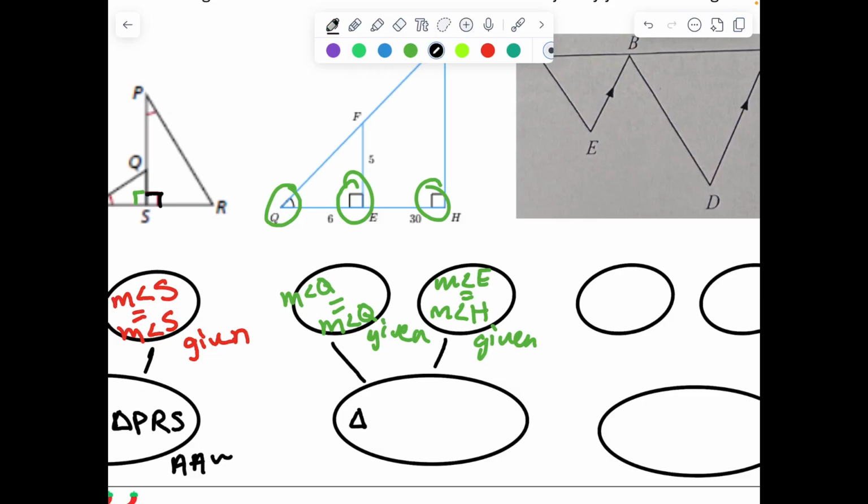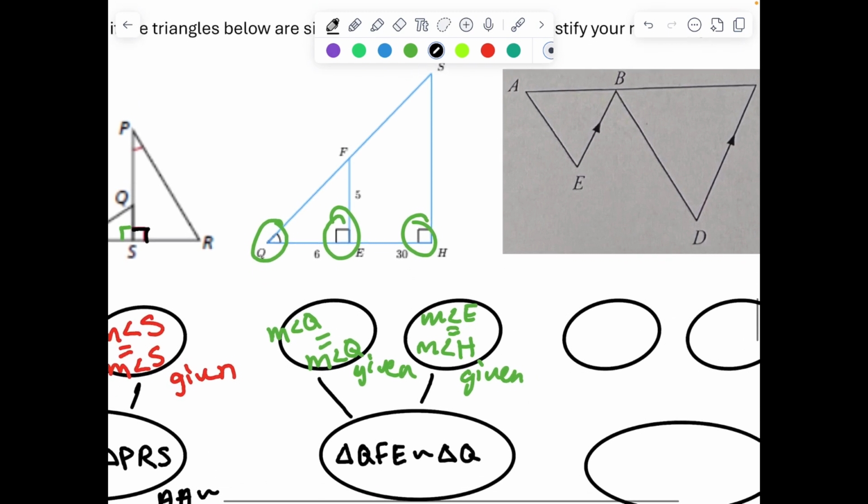Triangle QFE is similar to triangle QSH.